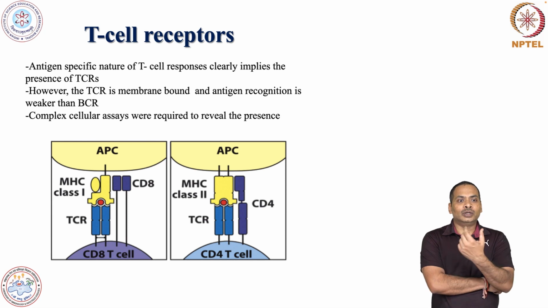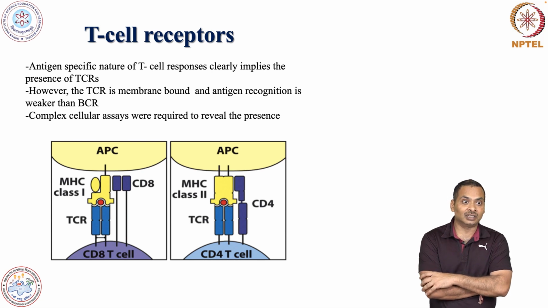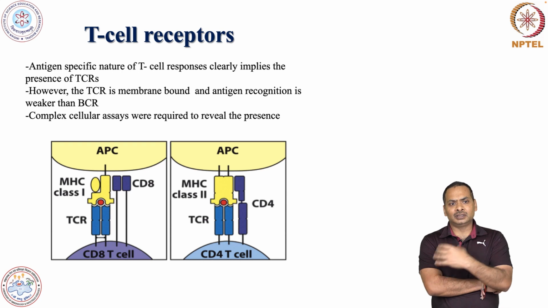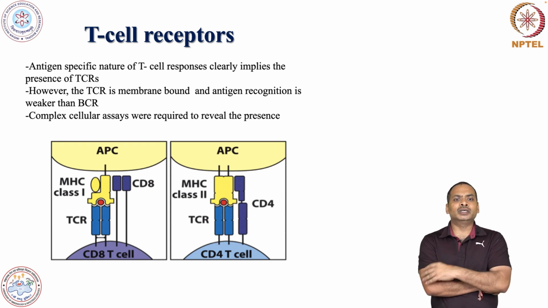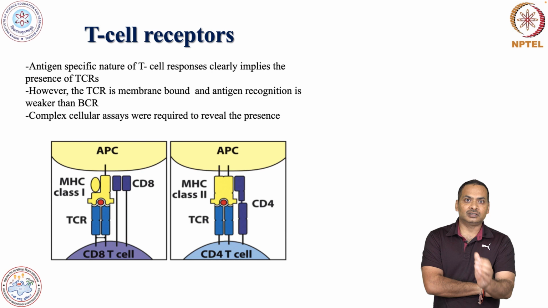Okay. So, the antigen specific nature of T cell response clearly implies the presence of TCR. However, the TCR is membrane bound and antigen recognition is weaker than BCR. Okay. BCR stands for B cell receptor.